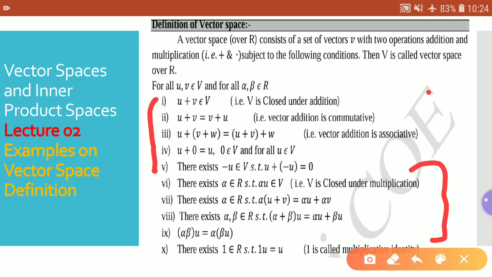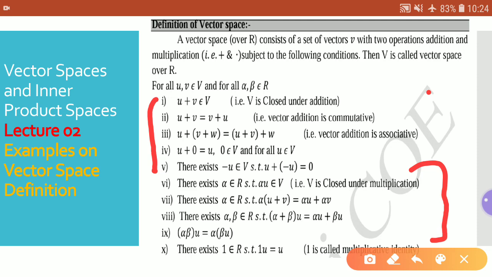So we have two operations on vectors: one is addition and the second is scalar multiplication. We need to verify those 10 properties for the given set, and from that we conclude whether the given set of vectors over some field of scalars forms a vector space or not.